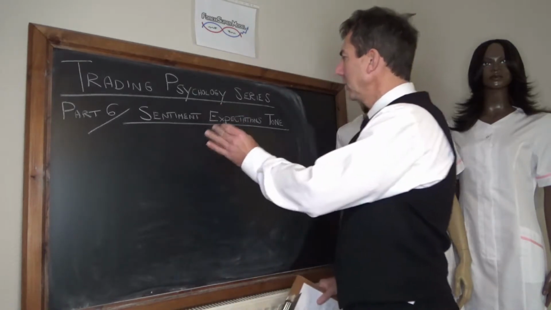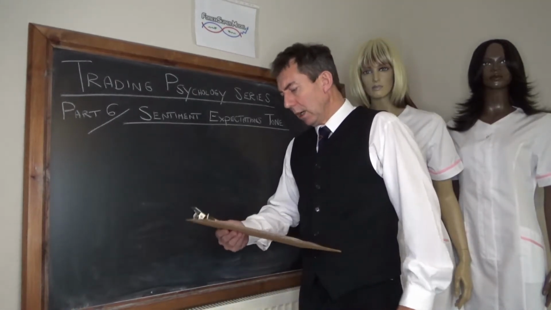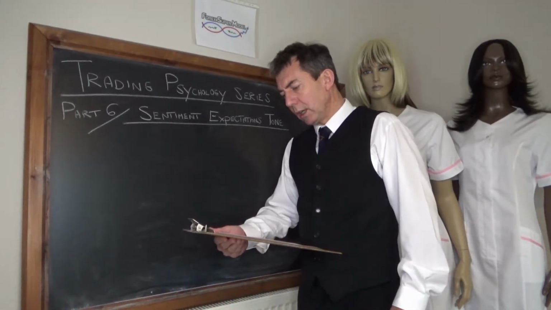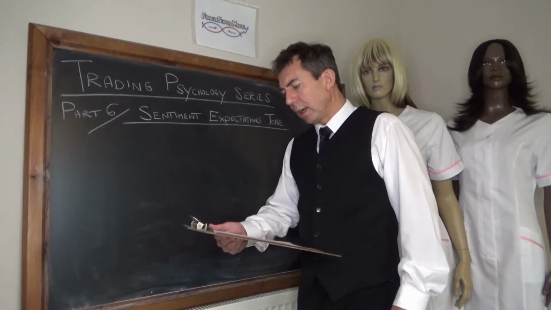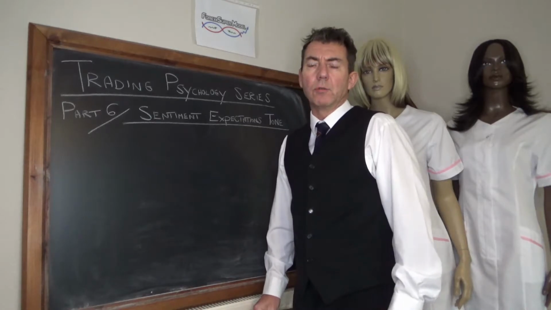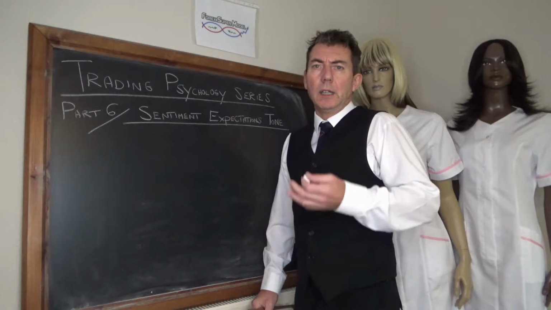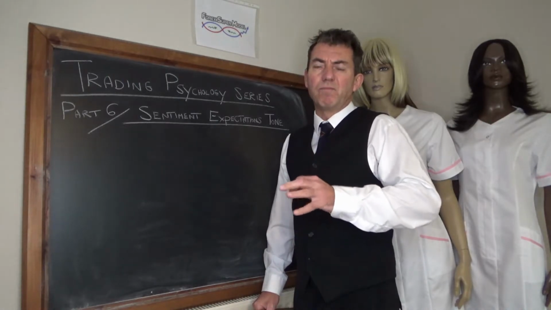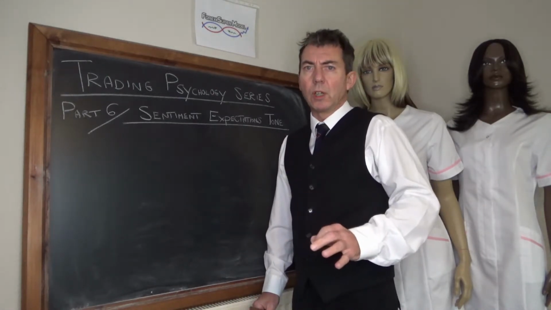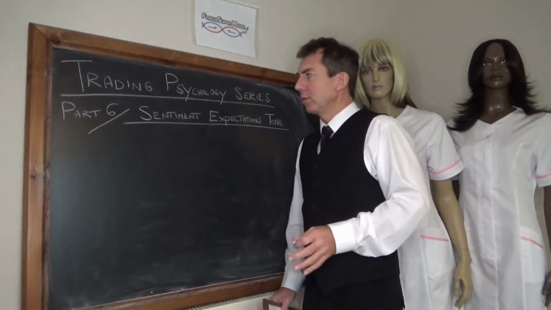So that's sentiment and expectations. And tone, well, what do we mean by tone? General character, the attitude of a situation. That's a reasonable definition of tone, and those are general terms which don't really help anybody in trading, but it's a good starting point.